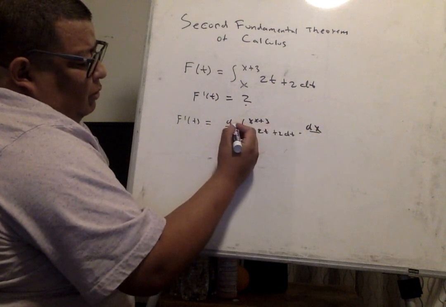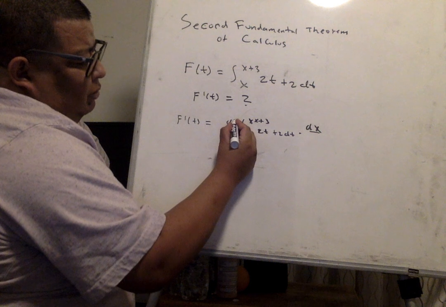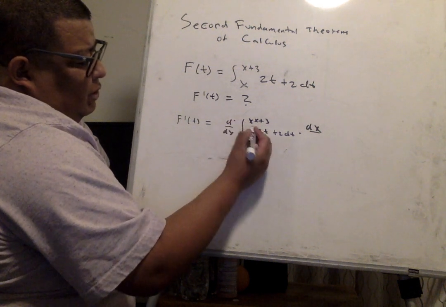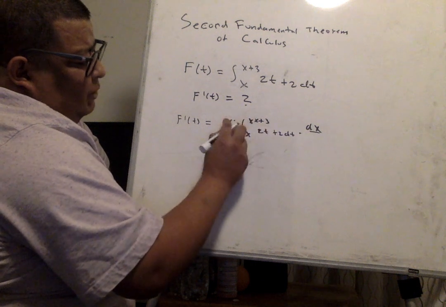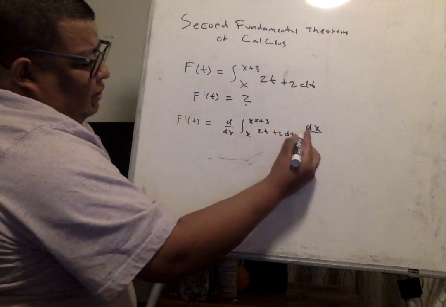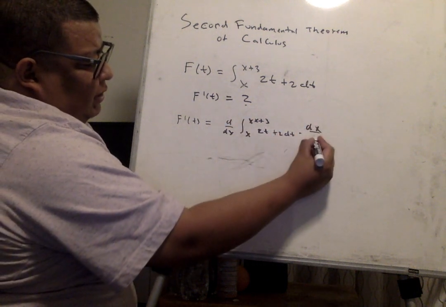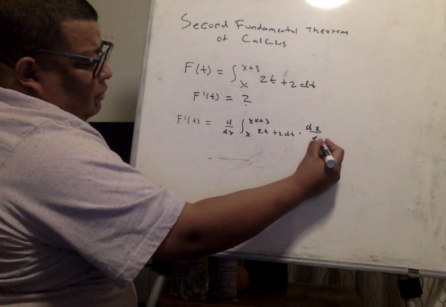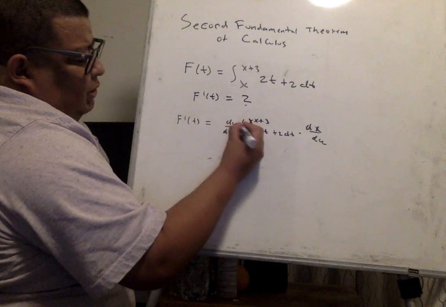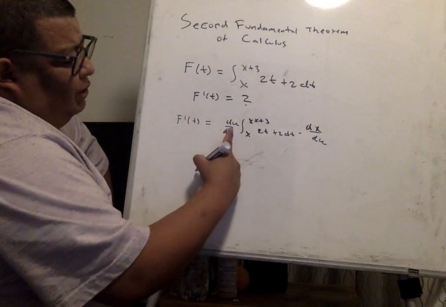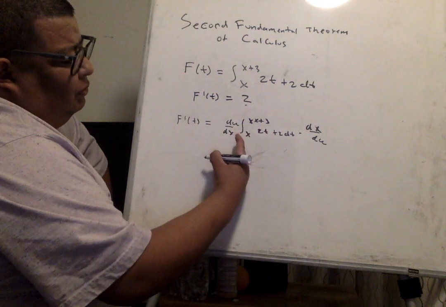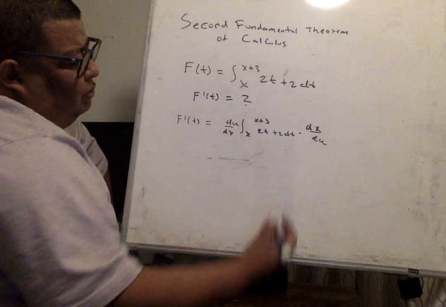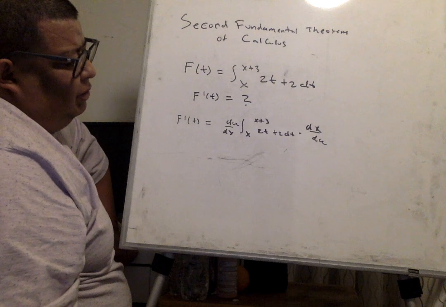So let's just call it du dx, because each endpoint we're going to assign a temporary variable.